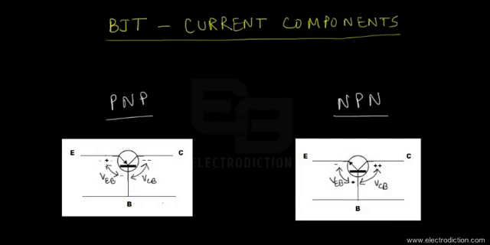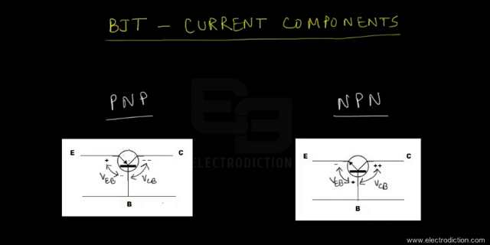So if you imagine forward biasing as you had seen previously in the tutorials on the PN junction diode, in order to forward bias the PN junction diode, we connected a voltage source across its P and N terminals.